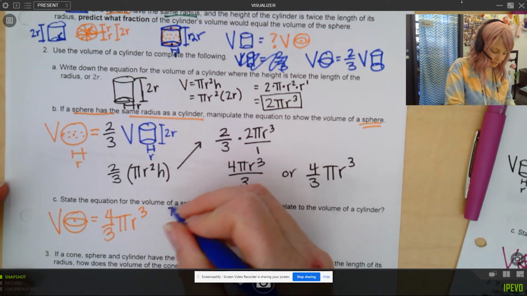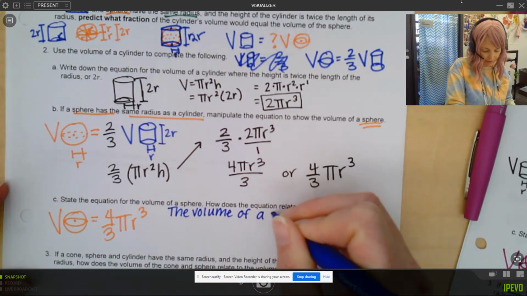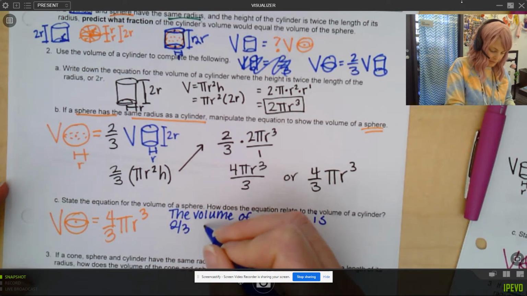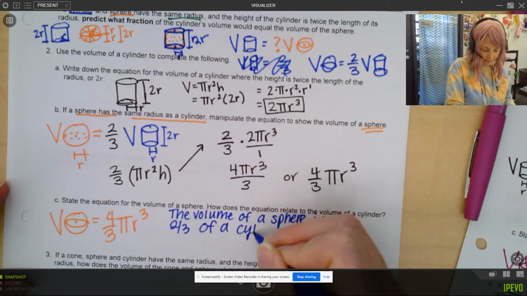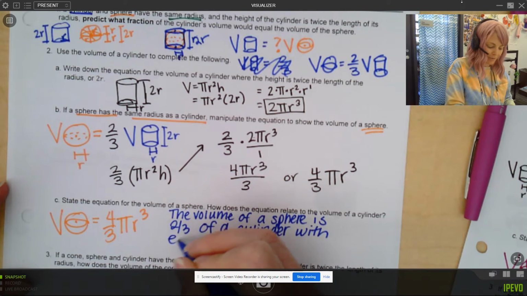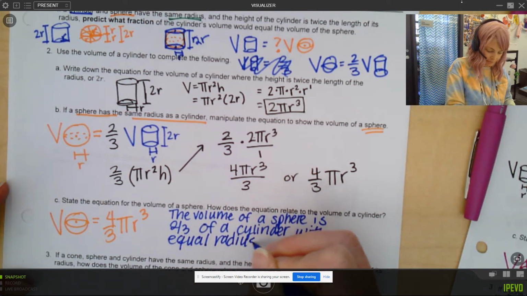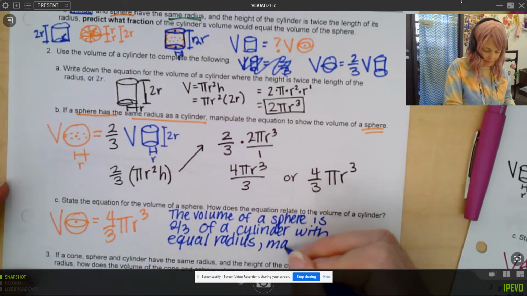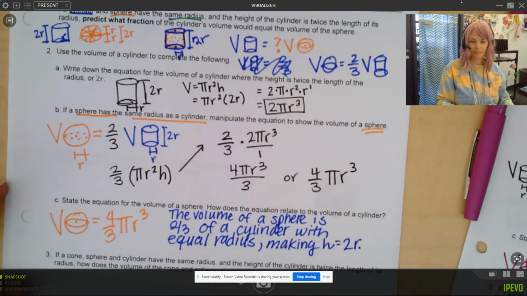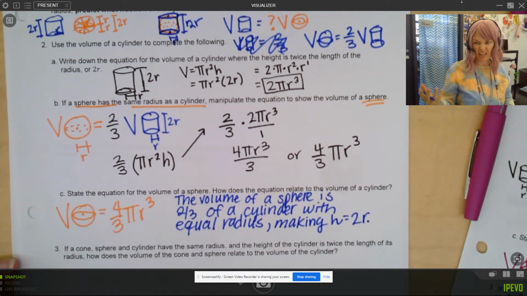Well, we know the volume of a sphere is 2/3 of a cylinder with equal radius, making the height equal twice the radius. Because we notice with a sphere, the diameter is equal to the height.